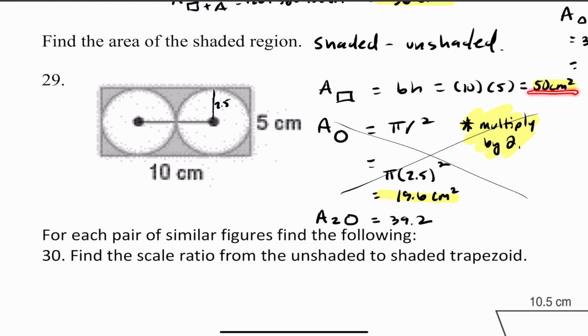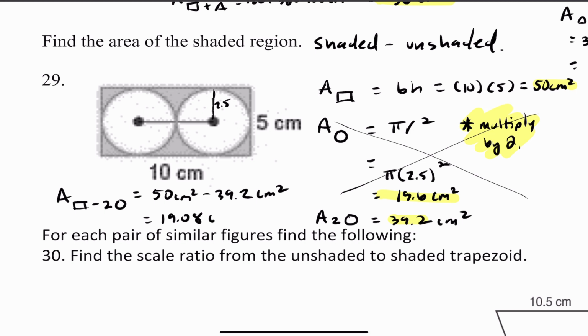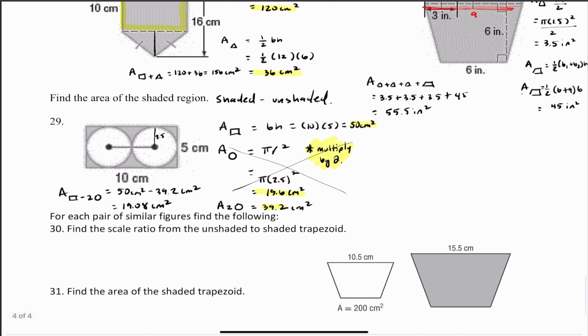It's this what I'm working with, and also that. So shaded minus, so the area of the square minus the two circles is equal to 50 centimeters squared minus 39.2 centimeters squared. Your answer is 19.08 centimeters squared. Okay.